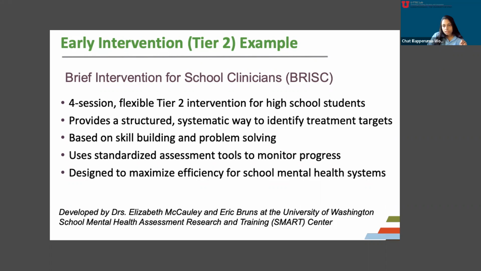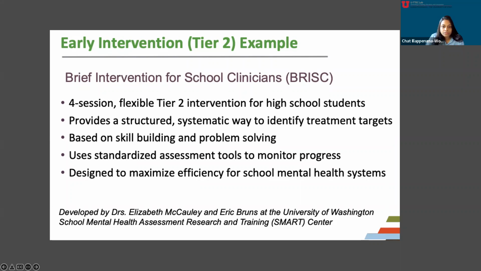This intervention was primarily designed to be responsive to students typically presenting emotional and behavioral stresses. But the beauty of this is it's very brief, it's very flexible, and can be used by a range of school-based mental health practitioners. It can also be used by licensed clinicians, school social workers, and school counselors.